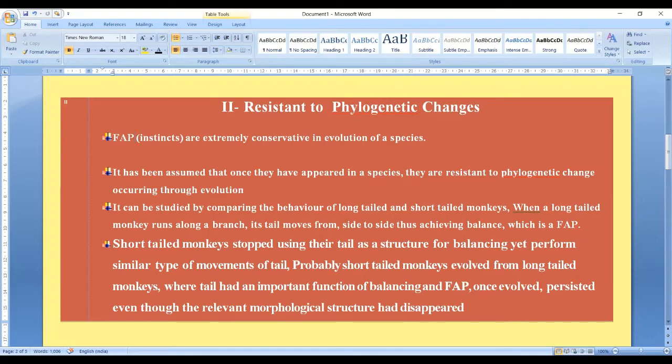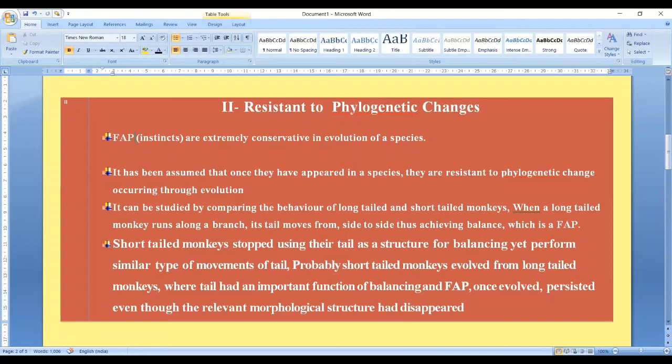Now the short-tailed monkeys have stopped using their tail as a structure for balancing. Yet they perform a similar type of movement of the tail. Probably short-tailed monkeys evolved from long-tailed monkeys where the tail had an important function of balancing, and an FAP, fixed action pattern.